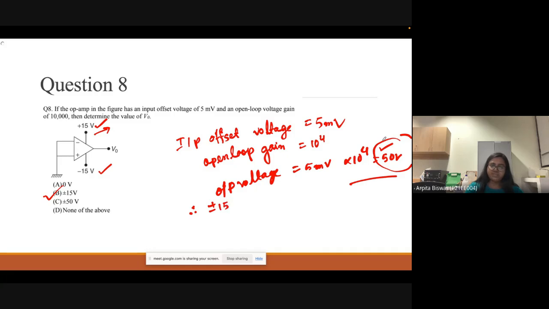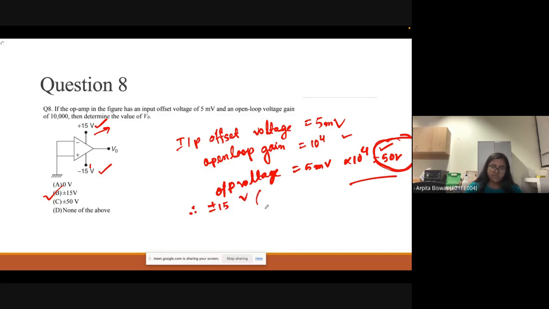If it is in between plus minus 15, then we can take that voltage. But here the voltage exceeds the plus minus V saturation, which is plus minus 15. That's why the right answer is plus minus 15 volt.